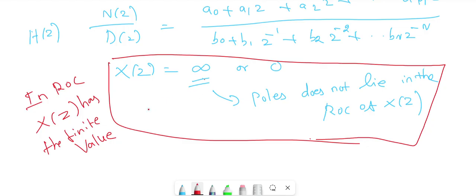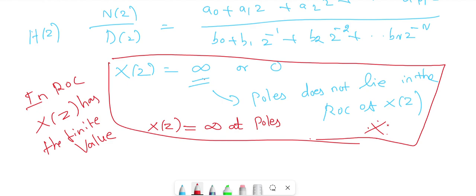So the poles do not lie in the ROC of x of z. Remember these conditions.